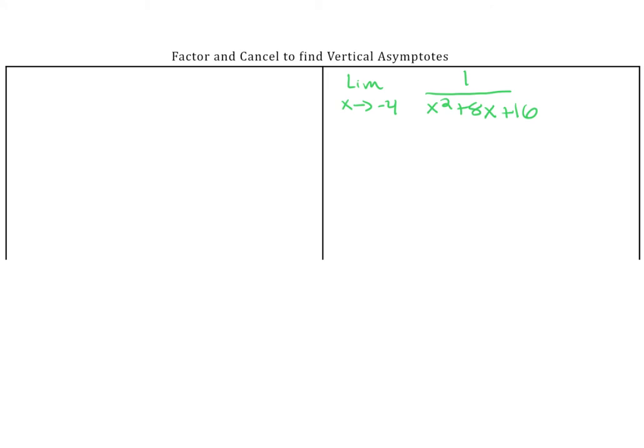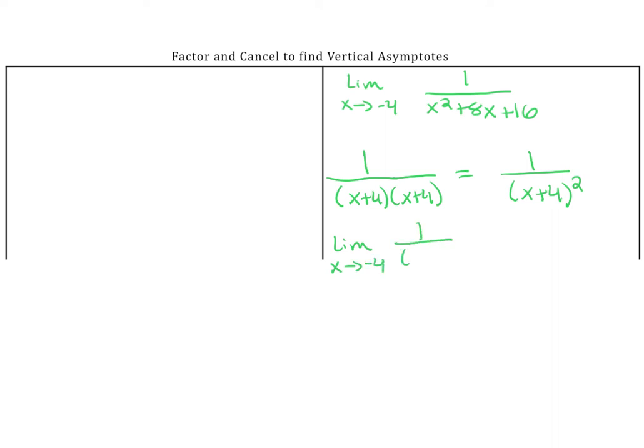First let's factor the denominator. 1 over x plus 4 times x plus 4, which is the same as 1 over x plus 4 squared. So the limit as x approaches negative 4 of 1 over x plus 4 squared. Same idea, we have to look from the left and from the right.